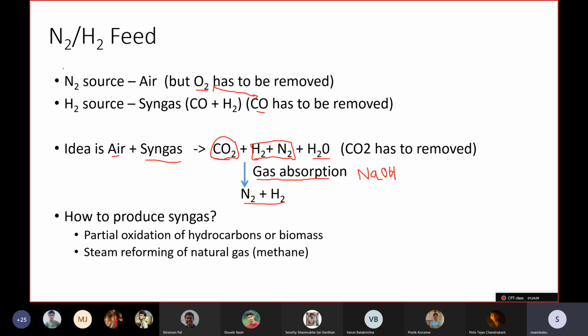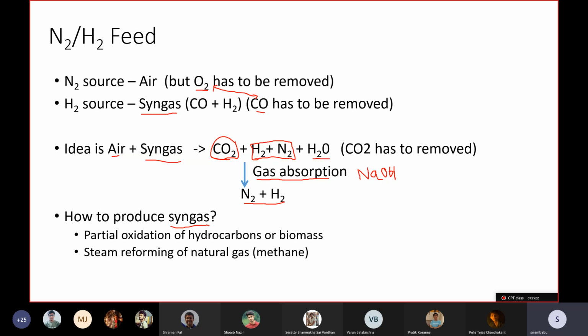Now you all know about air, but how do we get syngas? That is the question. How do we produce syngas? Syngas is produced using two methods. One is partial oxidation of hydrocarbons or biomass.